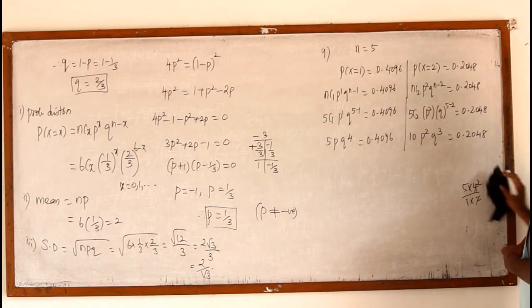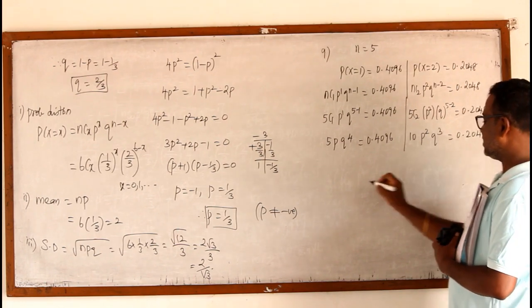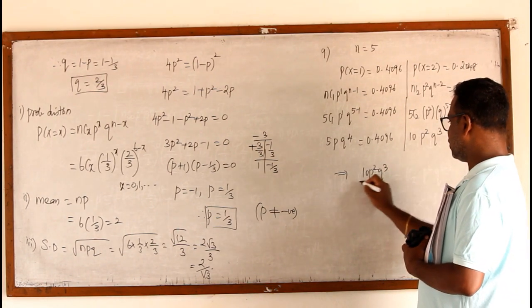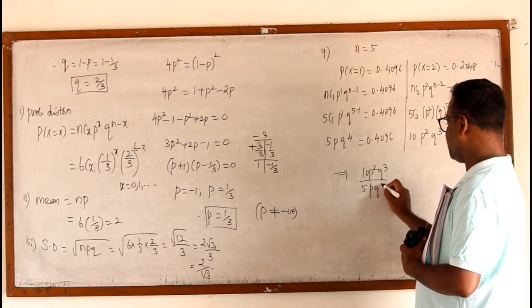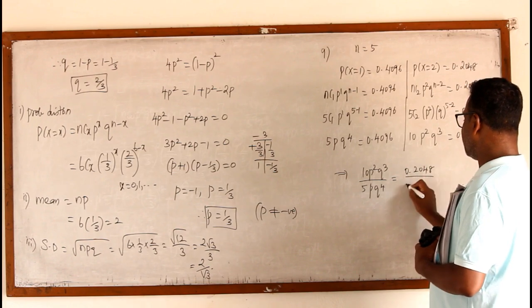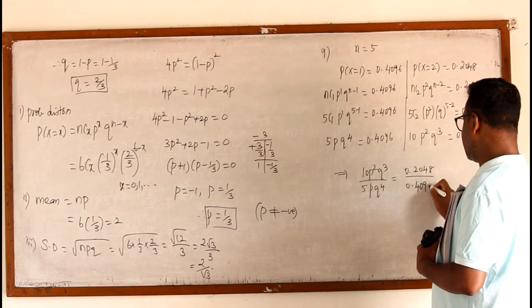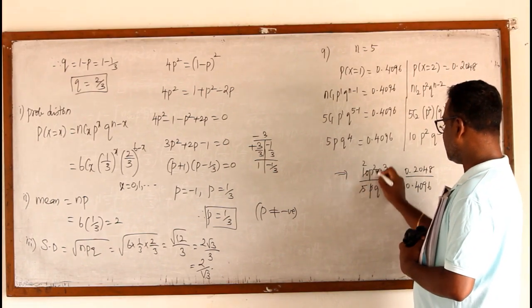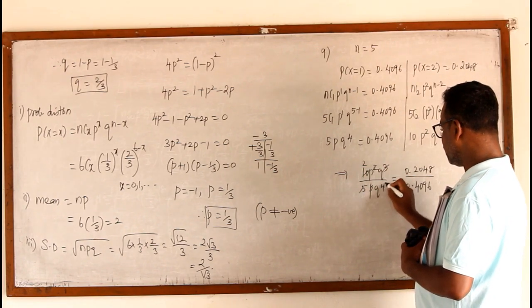So 10 p square q cube is 0.2048. Now, this one is larger, so we shall divide. Therefore 10 p square q cube by 5 p q power 4 is 0.2048 by 0.4096. Listen here, this is 2 times. p cancels, q cancels.